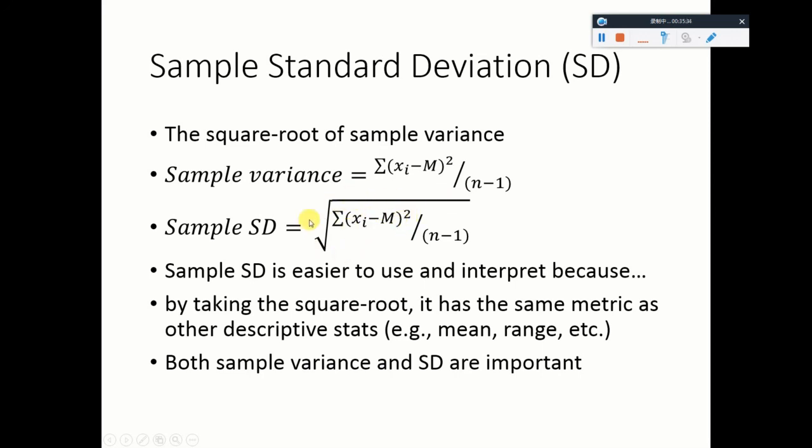That will make the variance easier to interpret, so that you have the same metric as other descriptive statistics, mean, range, etc. Okay, both sample variance and standard deviation are very important, which we'll see in our future classes.